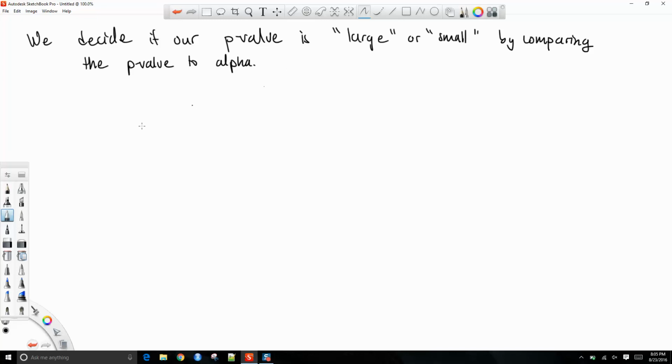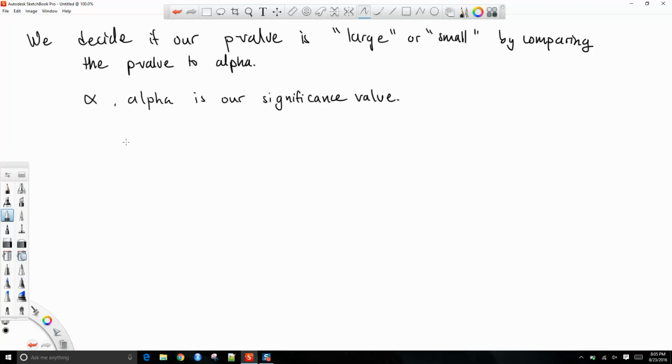Okay, and so alpha is our significance value.